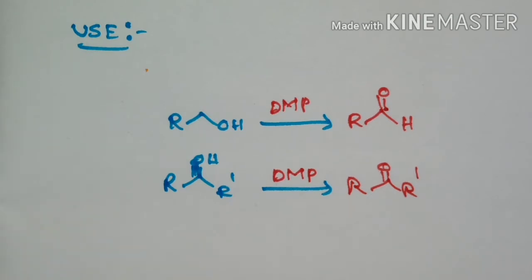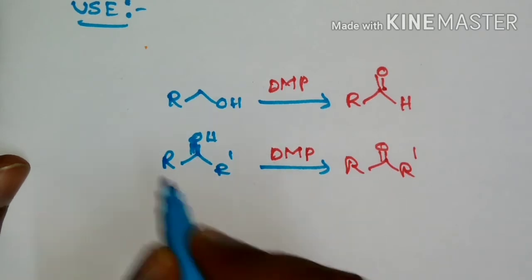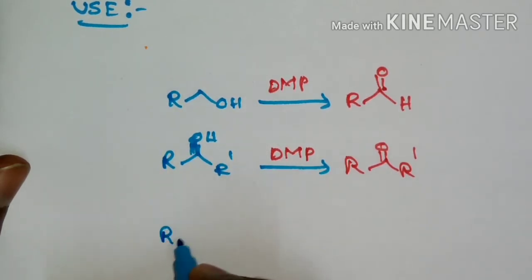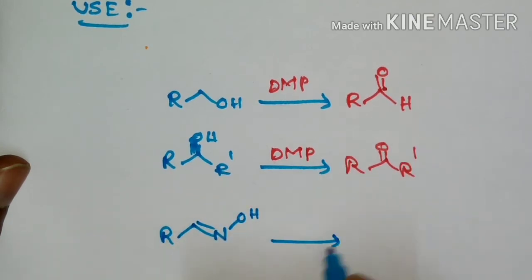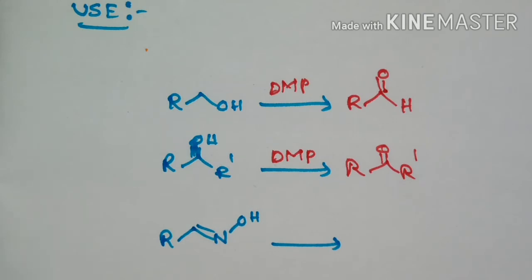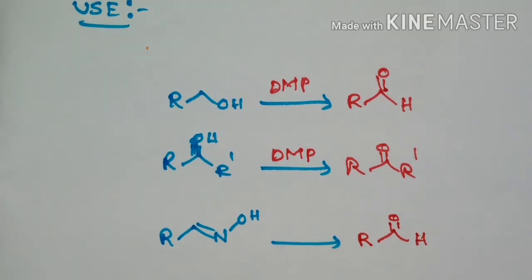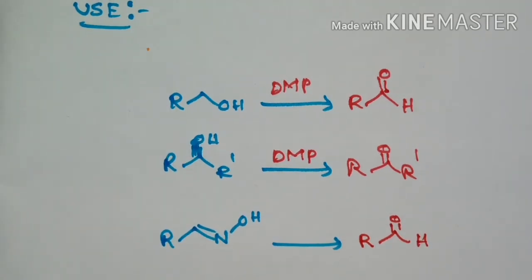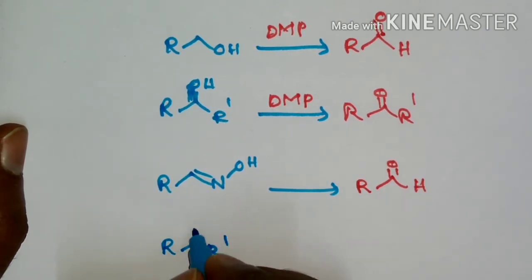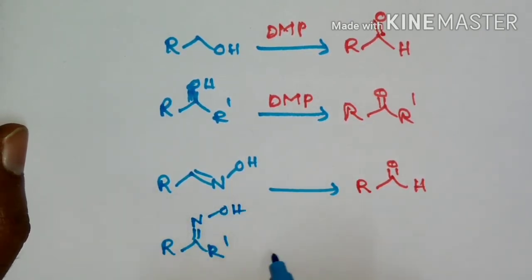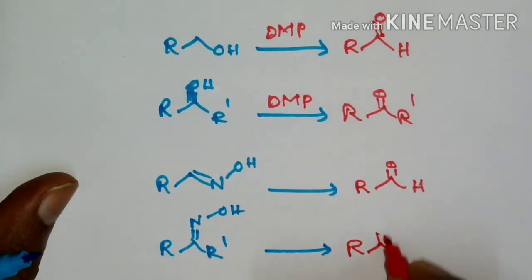And still, if you want a faster reaction, then instead of taking benzyl alcohol, if you take the corresponding oxime derivative, the rate will be enhanced and it will give the corresponding aldehyde. Similarly, if we take a ketoxime, then it is going to give the corresponding ketone.